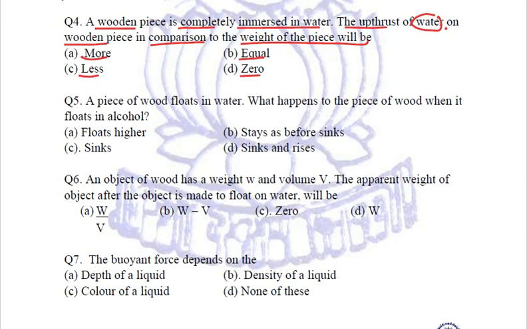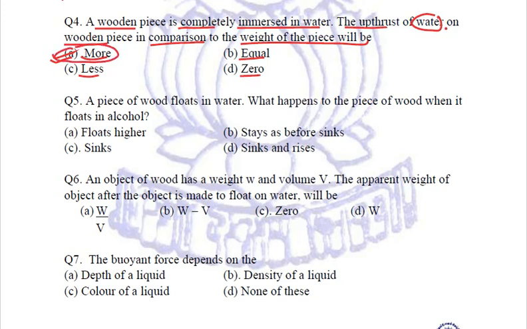Now we know that if a wooden piece is immersed in water, it is going to float on the surface. Why is it floating? The reason is that the upthrust of water is more, which is keeping the wooden piece afloat. So the upthrust is more as compared to the weight of the wooden piece. So the correct answer is A.